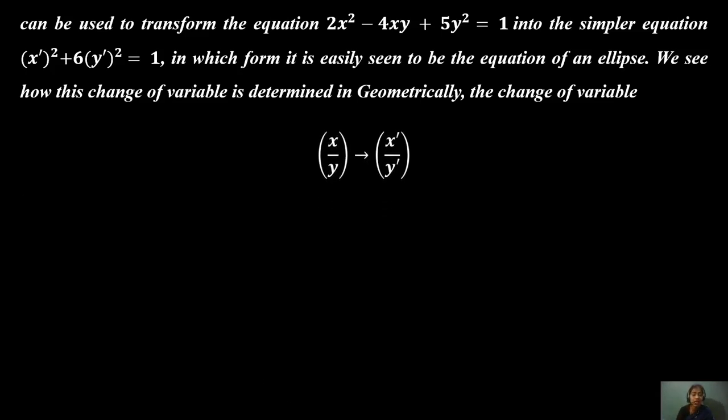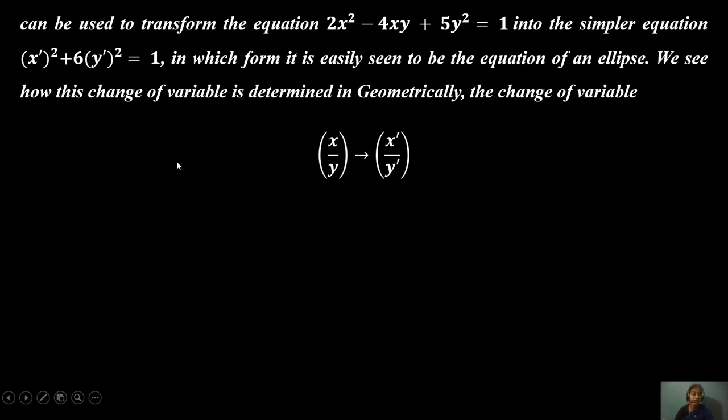The equation 2x square minus 4xy plus 5y square equals 1 is transformed, and combining the xy terms, it becomes the simple equation x dash square plus 6y dash square equals 1, which can easily be seen to be an elliptical form.